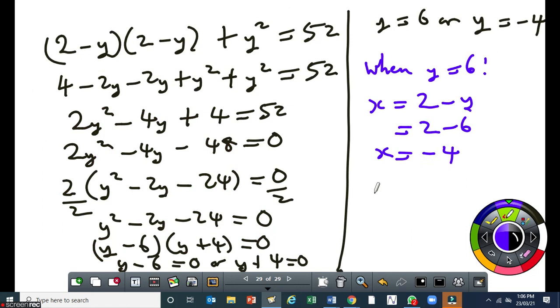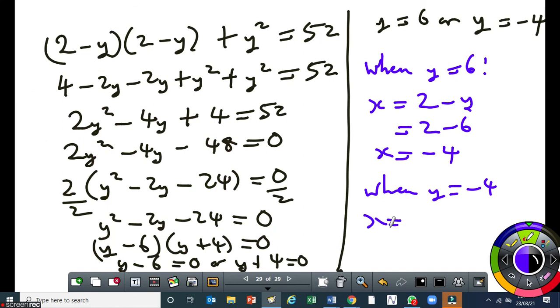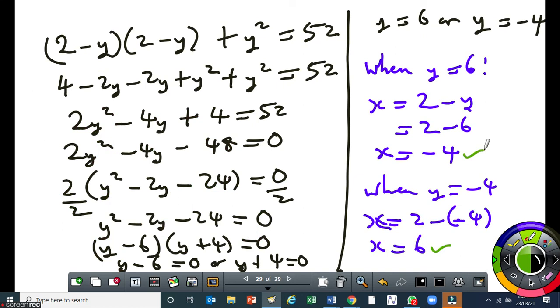Right? When y is equal to minus 4, I'll have x equal to 2 minus 4. Then we get 6. So we will have two values of x and two values of y. So those are the solutions of the pair of simultaneous equations.